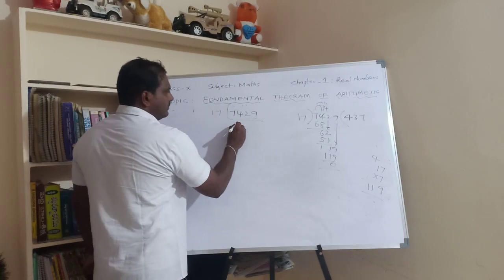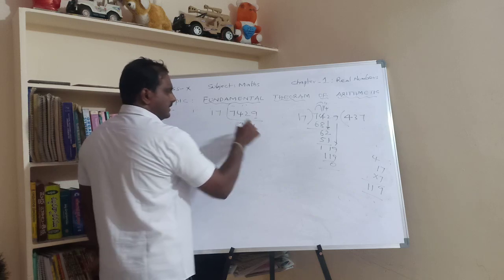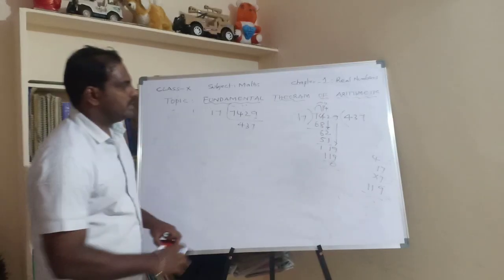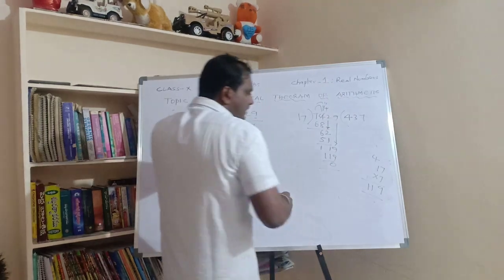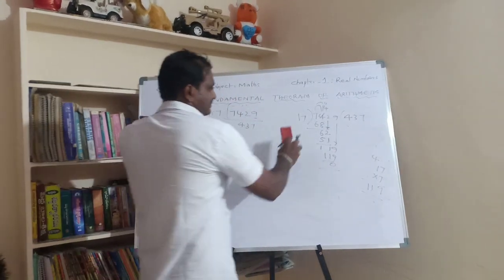First 17 into 437. Now again what we have to check? Again we have to check with 437.